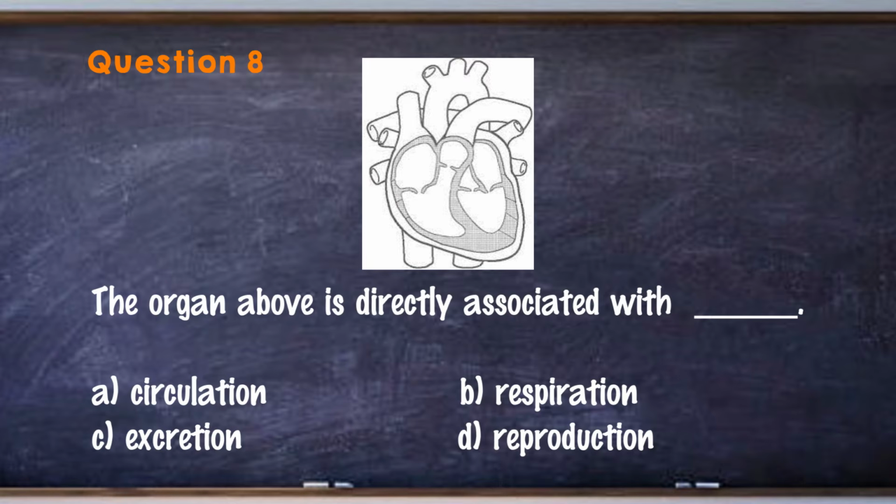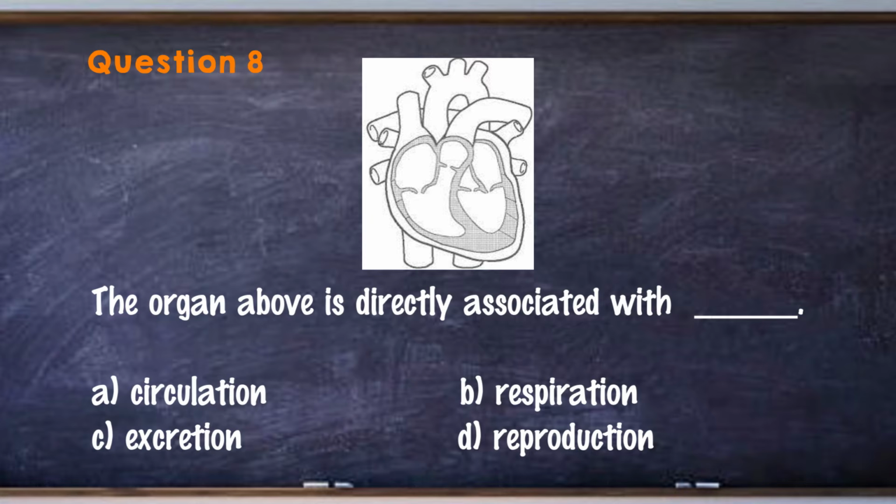For this question, we have to study the diagram of the body organ below, then answer the question. Okay? So the question is, the organ above is directly associated with what? Looking at that organ, it is the heart, okay? Good. Now, which system is that organ directly associated with?